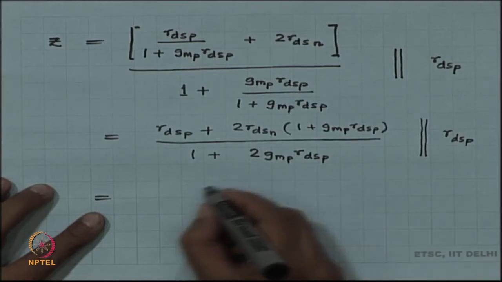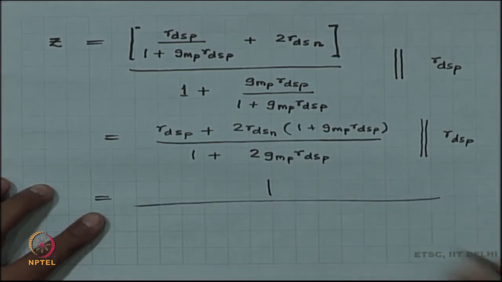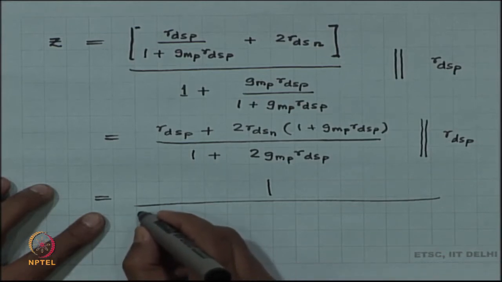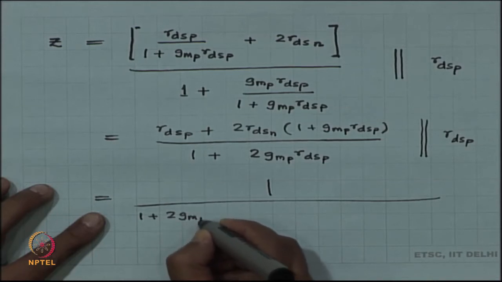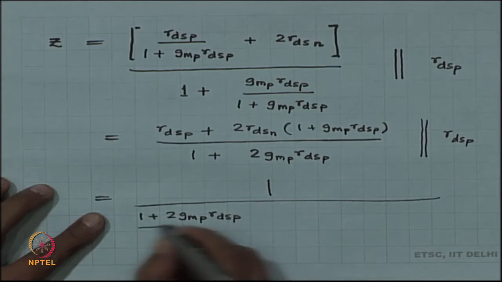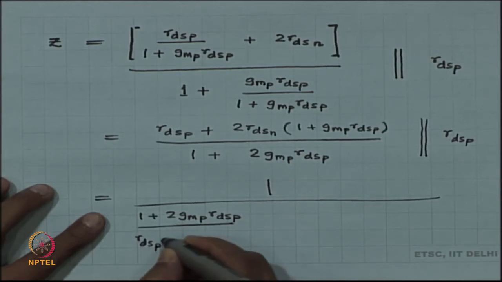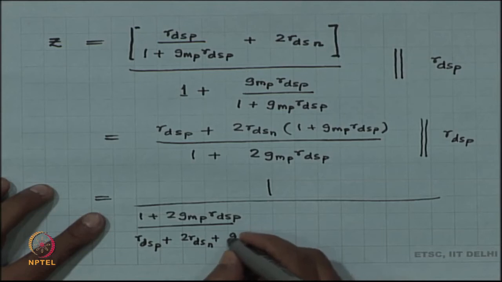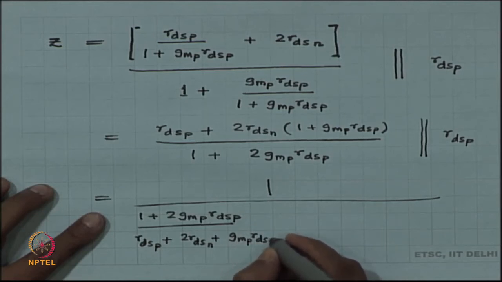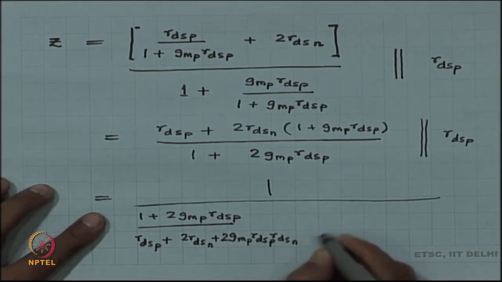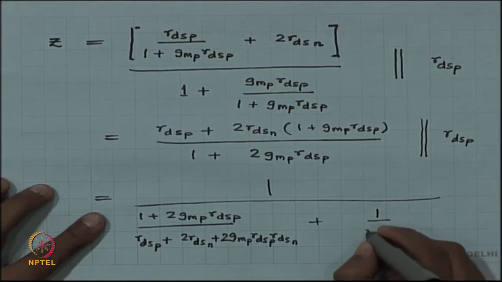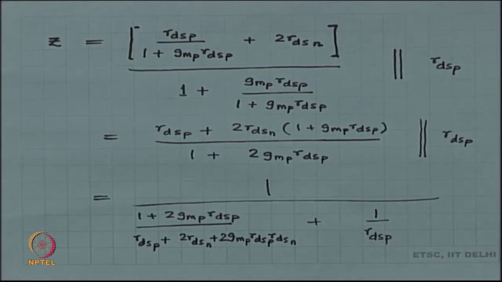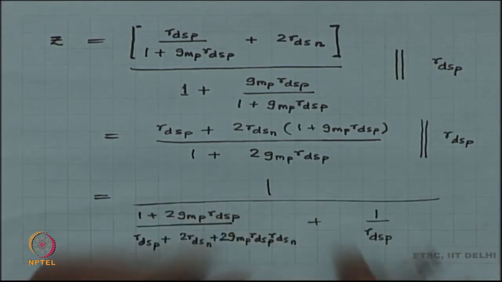You want to place it in parallel? Okay. And then generally what is done is you are going to multiply by these two factors, numerator as well as denominator.